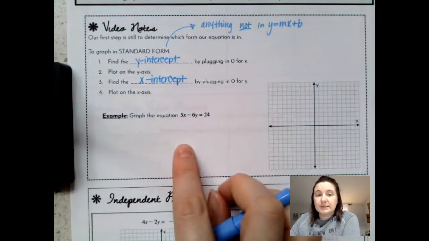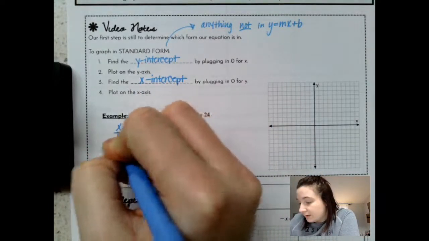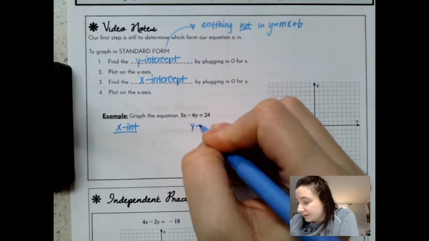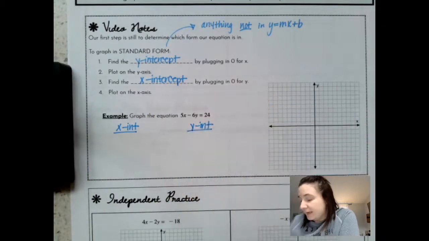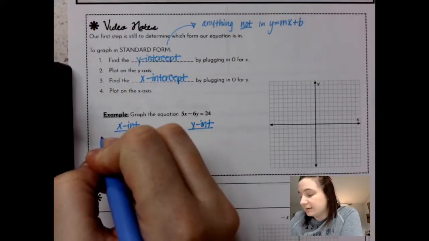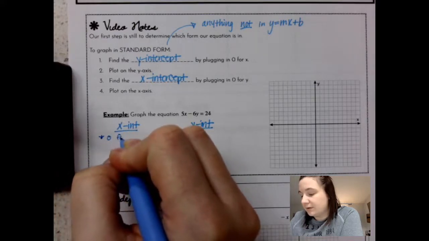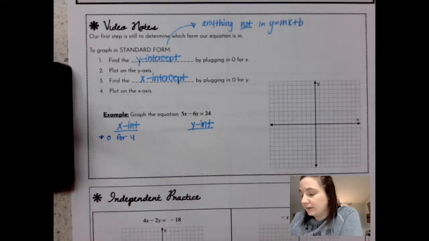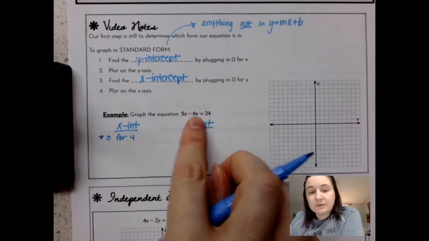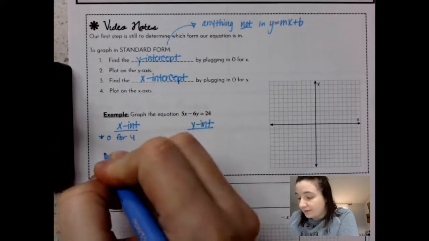So what I like to do is I like to label my work x-intercept, y-intercept, and I'm going to find them both. So for the x-intercept, I'm going to plug in 0 for y. If you want to leave a little note to yourself, we're plugging in 0 for y. And so I'm just going to use my original equation and go ahead and plug in 0 for that y value in parentheses.